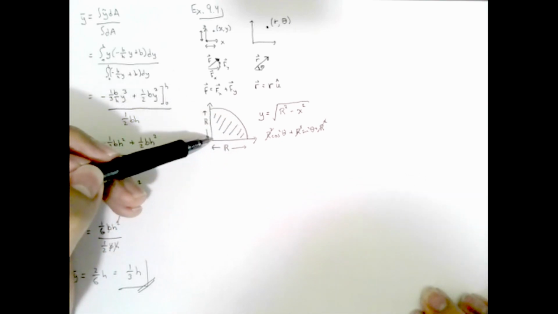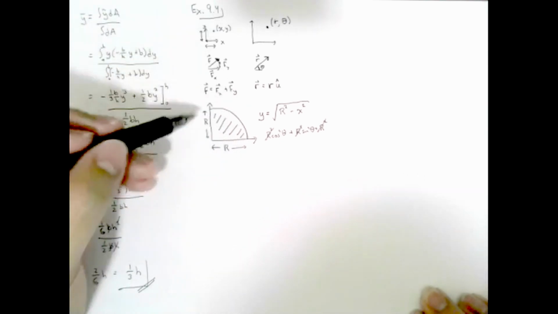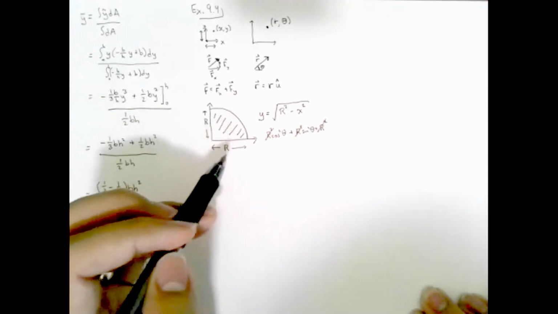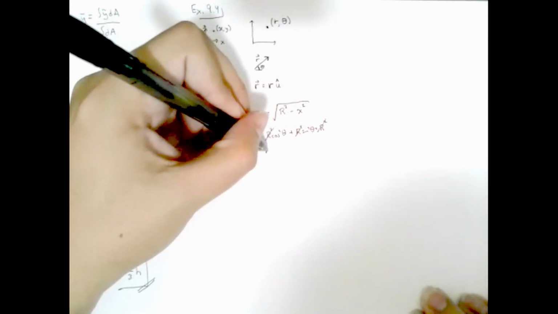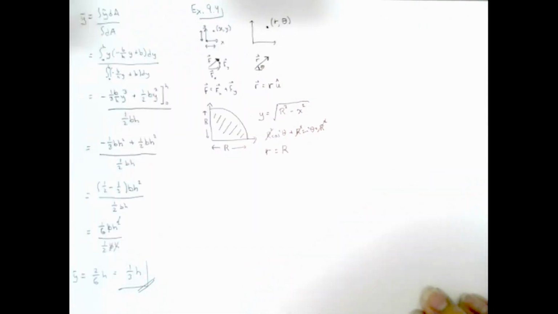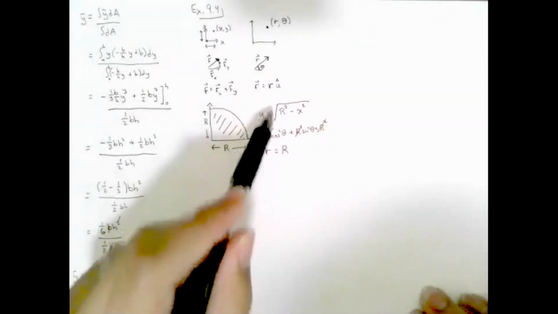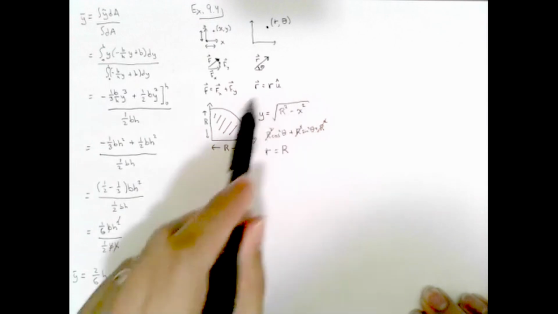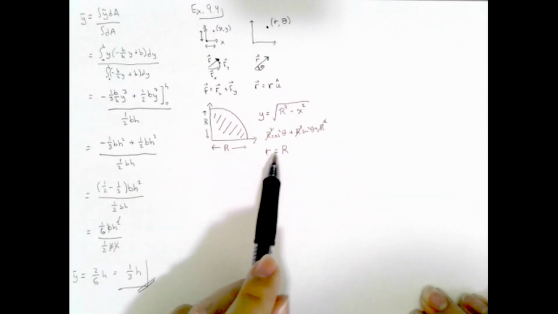In other words, the distance from the origin to this line is always going to be capital R, right? So if I want to write an equation that describes this line, my equation will just be radius equals capital R. Now, which equation do you think will be easier to solve, to integrate over? Is it easier to integrate this, or is it easier to just integrate R equals a constant?